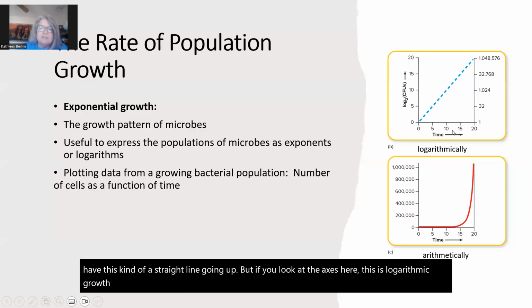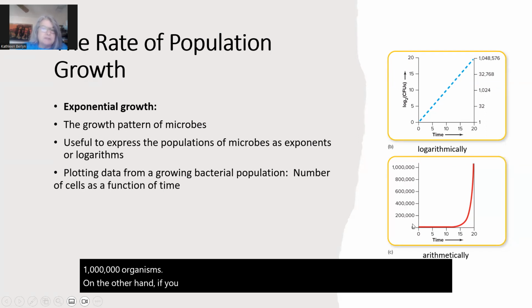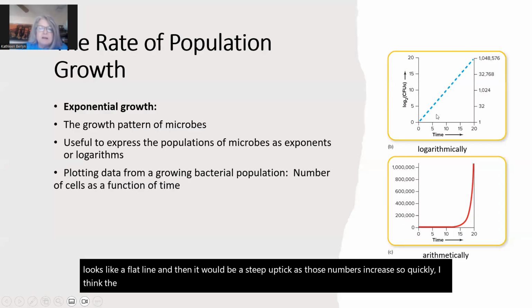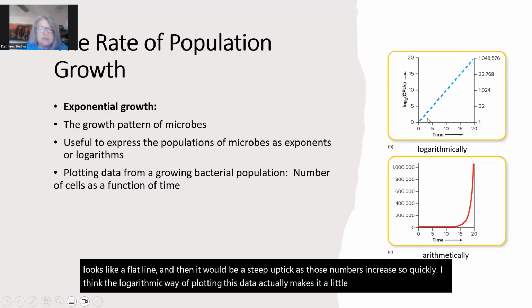And so you can see that over the course of 20 hours, you're going from 0 to over 1 million organisms. On the other hand, if you were going to plot this arithmetically, you would have sort of like a flat line, and then it'd be a steep uptick as those numbers increase so quickly. I think the logarithmic way of plotting this data actually makes it a little easier to visualize than the arithmetic.